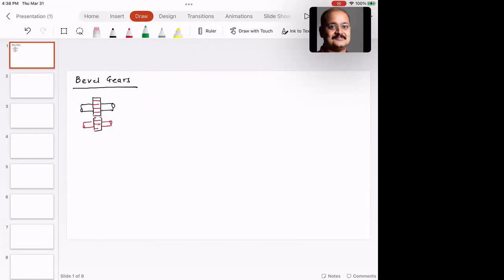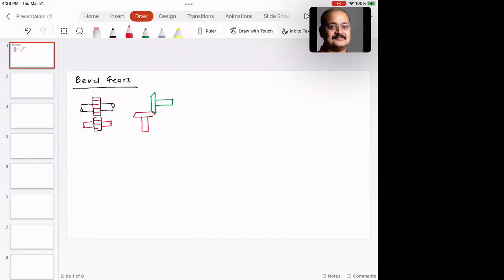Now think about a case wherein the gears are in this configuration. So you have one gear and you have the other gear, which is at a certain angle. They don't need to be perpendicular.